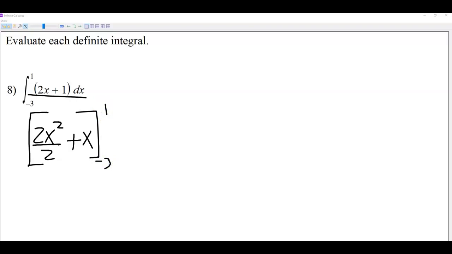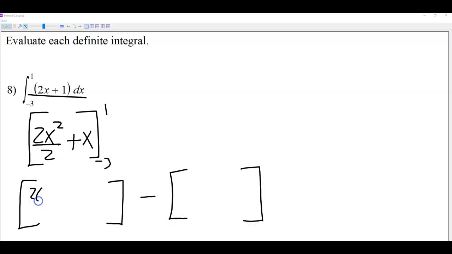The next thing that we're going to do is plug in the 1 and the -3 with a minus in between each of those expressions. So if I plug in 1, it would look like this. And then if I plugged in -3, it would look like this. Now the order in which you plug these things in matters.